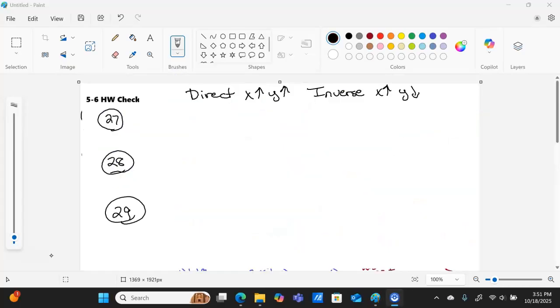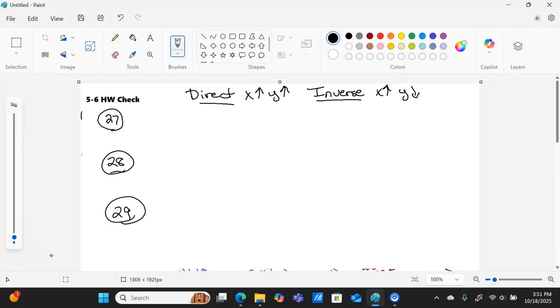Okay, then 27 through 29, they want to know, is this a direct or an inverse variation? To tell whether it's direct or inverse, you need to see what is going to happen. If one goes up and the other goes up, if they both go in the same direction, then it's a direct variation. If they go in opposite directions, one goes up, the other goes down, that's an inverse relationship.